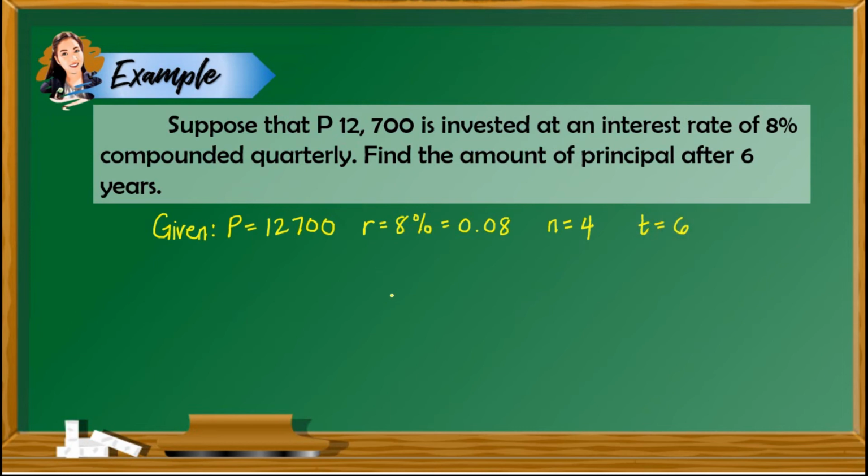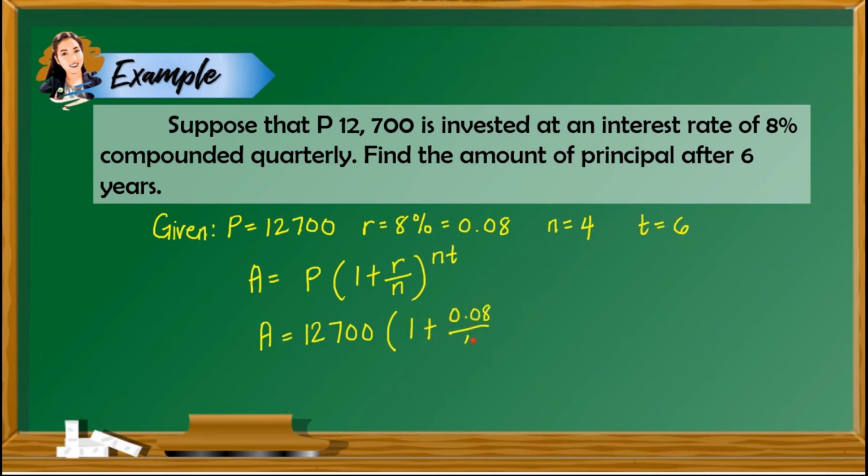The next thing to do is to follow the formula. So we have A is equal to P times 1 plus r over n raised to the power of n times t. A, which is the future value, is equal to 12,700 times 1 plus 0.08 over 4 raised to the power of 4 times 6.